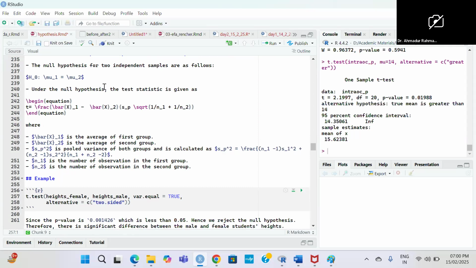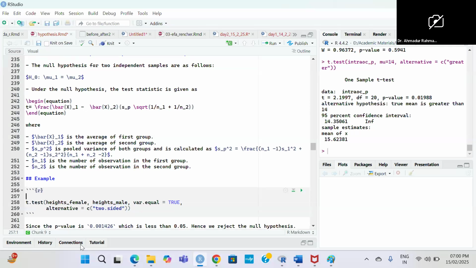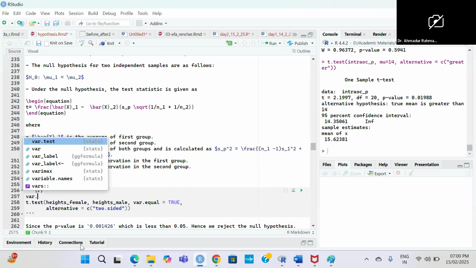So again, we check on the height of male and female. We have discussed it earlier. We checked at that time that the variances of these two groups were equal. So we use var dot test.